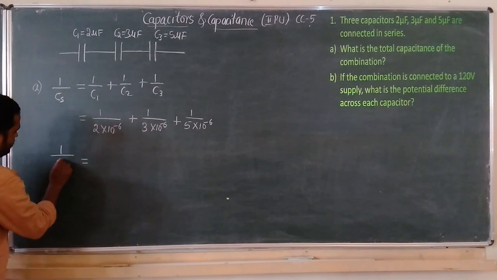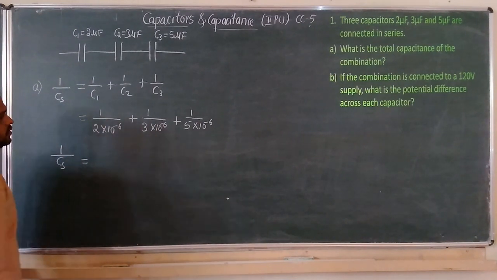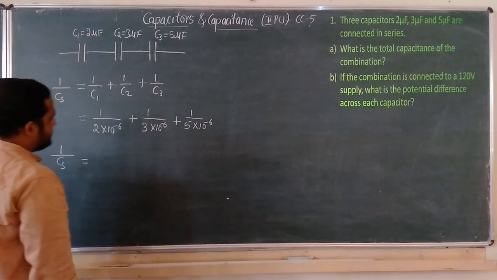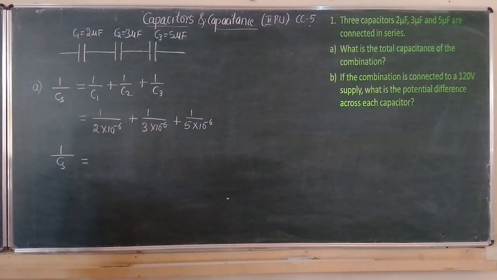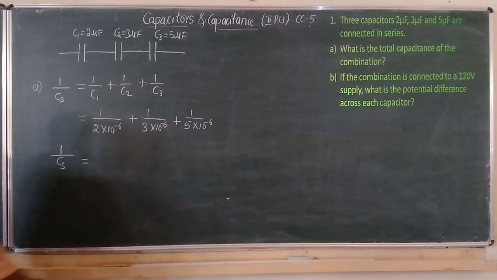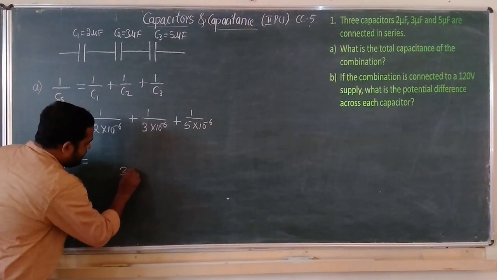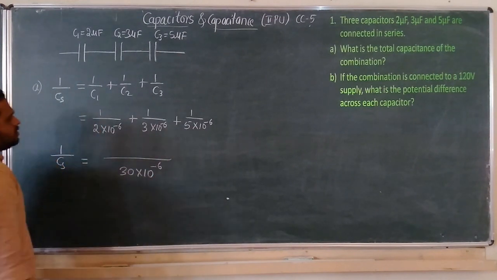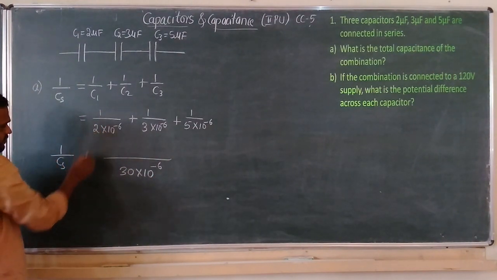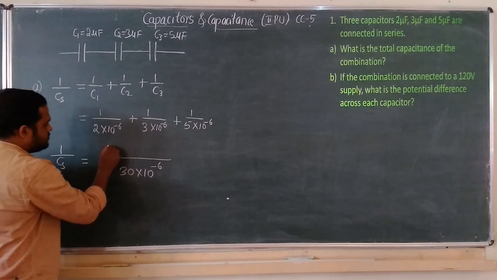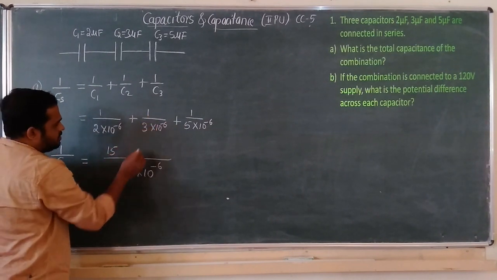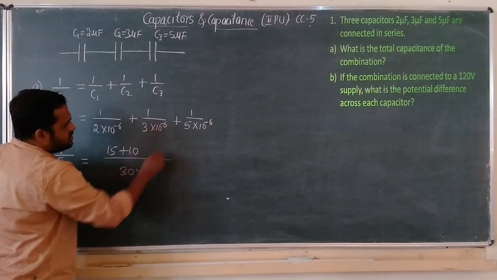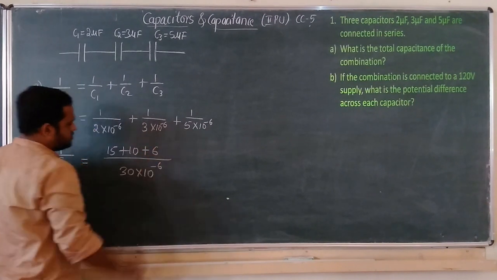On the left hand side we have 1 by Cs is equal to, now let us take the common denominator here, 30 into 10 power minus 6 over, if you multiply by 15 you will get 30 here, so it is 15, 10 times, therefore 15 plus 10 plus 6.